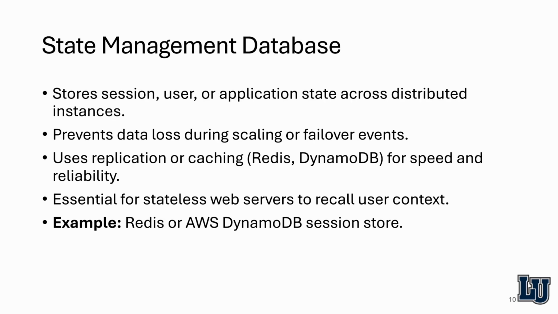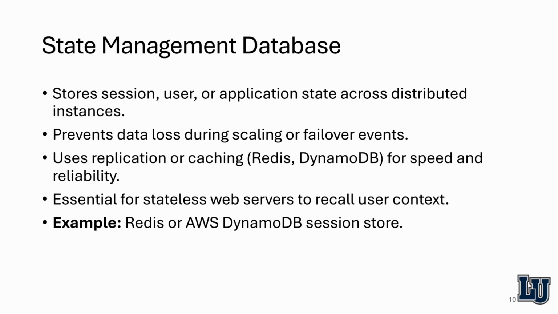Finally, let's talk about state management databases, one of the most quietly critical parts of the cloud. Web servers are stateless by design. They don't remember anything between requests, but users expect continuity: staying logged in, keeping shopping carts, remembering preferences. A state management database such as AWS DynamoDB solves that.